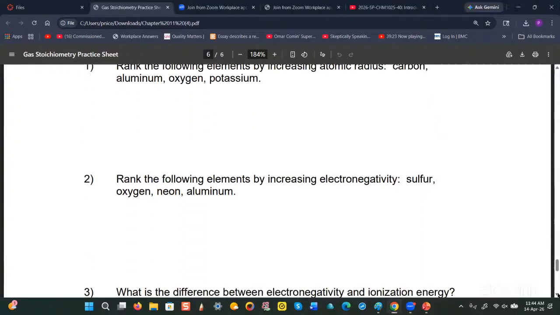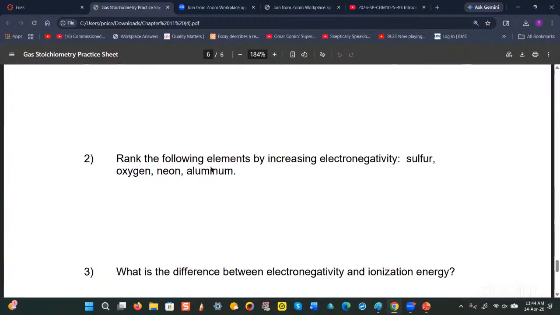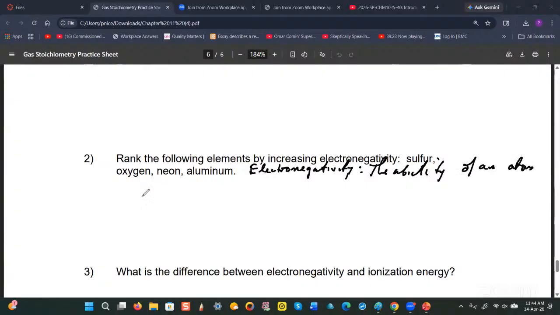Electronegativity is the ability of an atom to attract shared electrons.